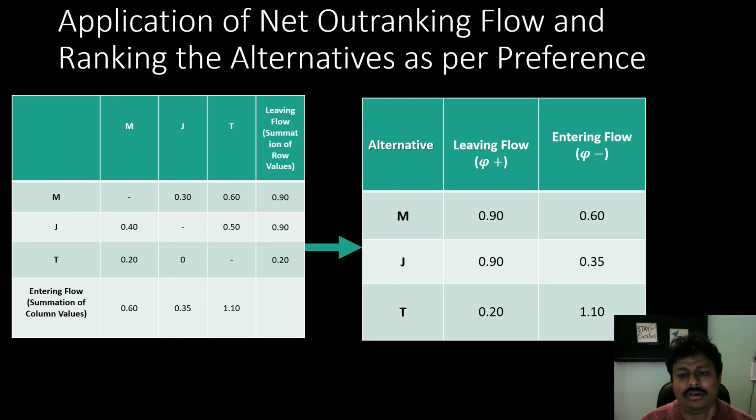So these are all our leaving flows found by the summation of the row values, and these are all the entering flows which were found from the summation of the column values, right? In case of the later version, PROMETHEE II, we have averaged, but in case of the older version, we have summed.